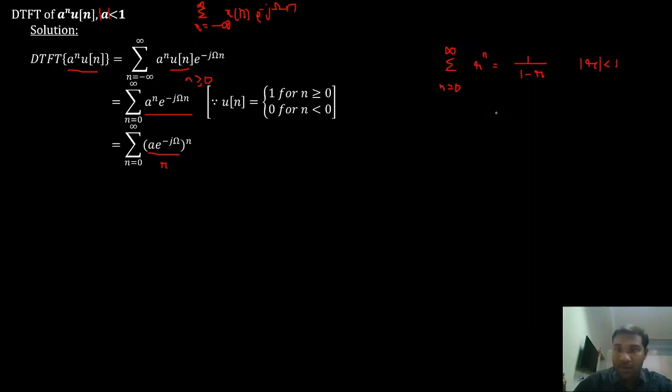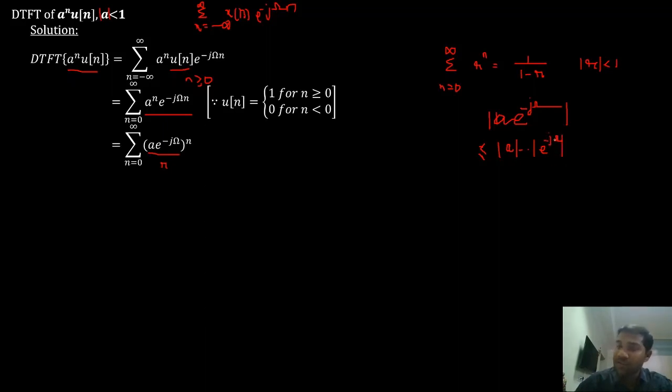Now let us calculate mod r. Mod r means mod of a e power minus j omega, which is less than or equal to mod a into mod e power minus j omega.